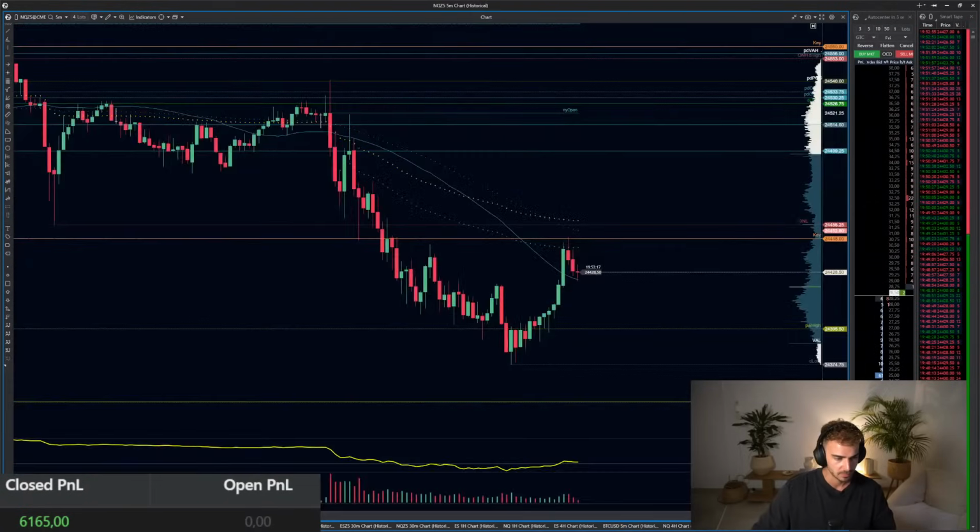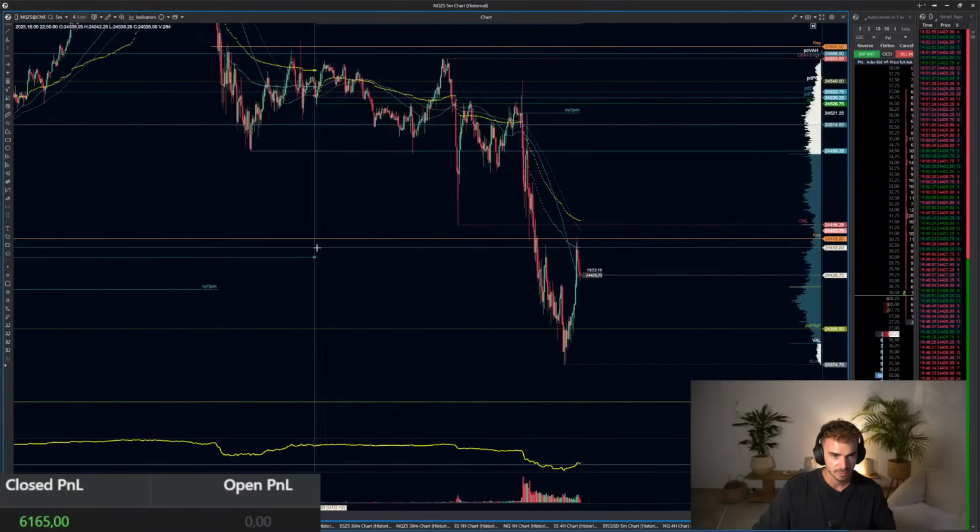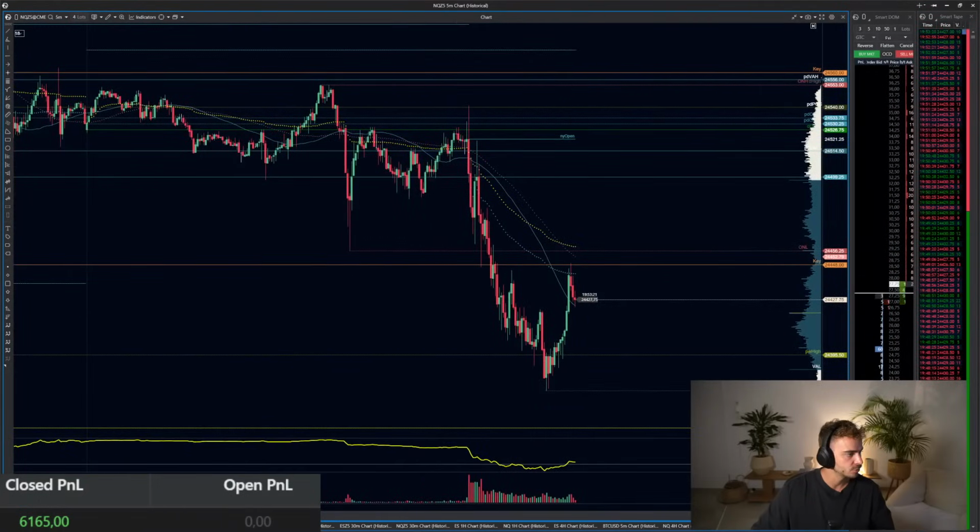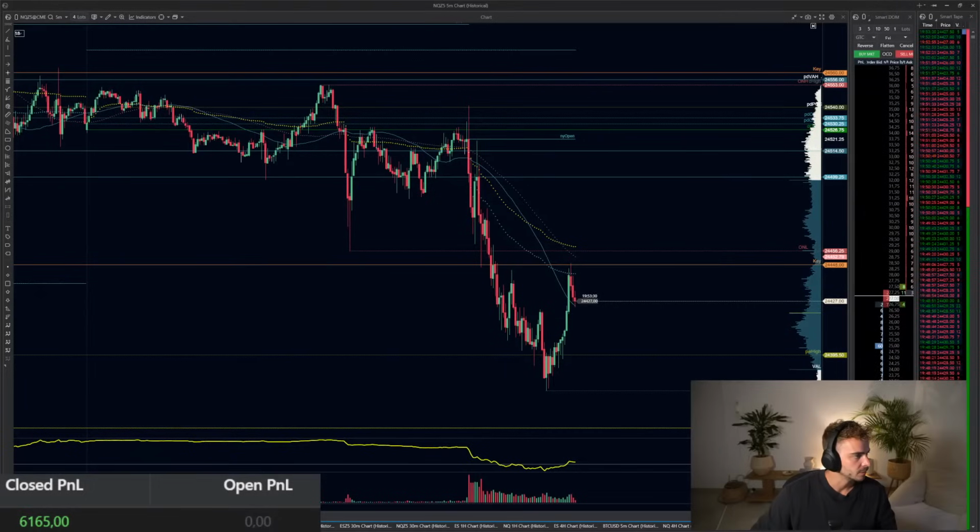Why don't we have a quick look at NQ, what we are doing here? I do need to mark out the A session point of control real quick. Yes, that is going to be an interesting level as well.